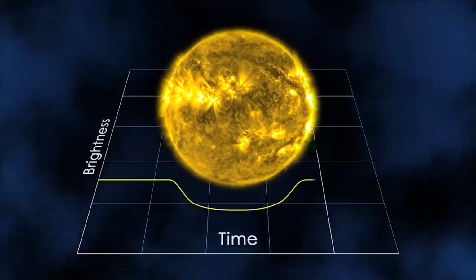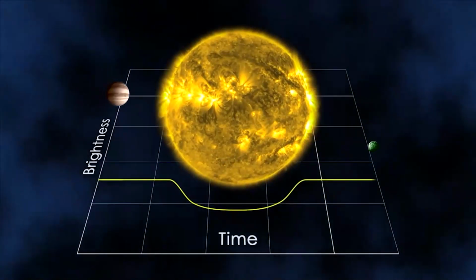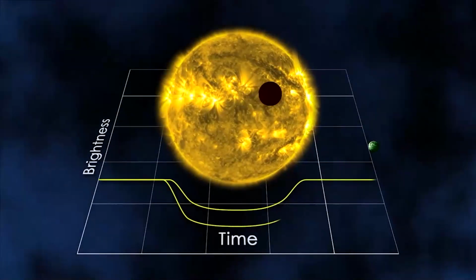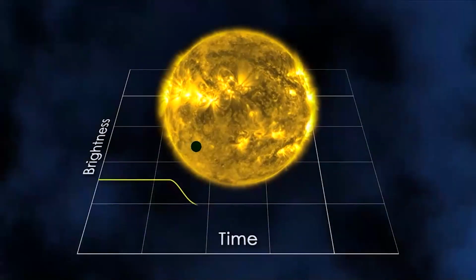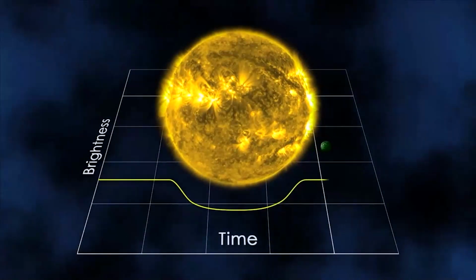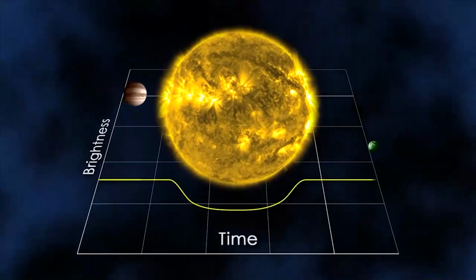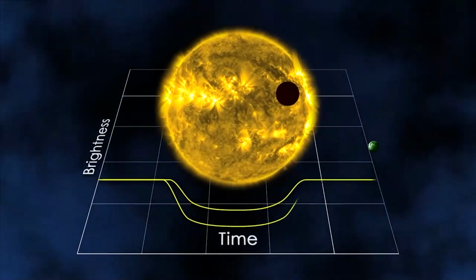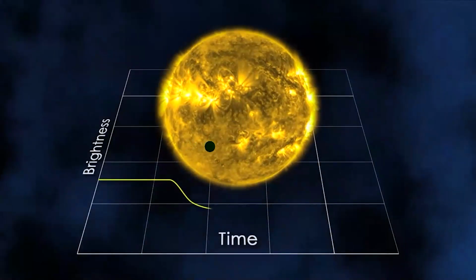we can detect planets. But if you think about it, if a planet has an atmosphere, some of the starlight will go through the planet's atmosphere before it reaches us. And so we can observe the star with the planet in front, in which case we'll get some starlight going through the atmosphere, and that atmosphere will absorb some of the starlight.